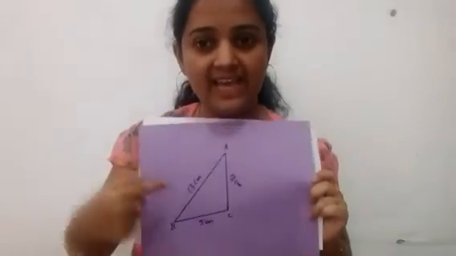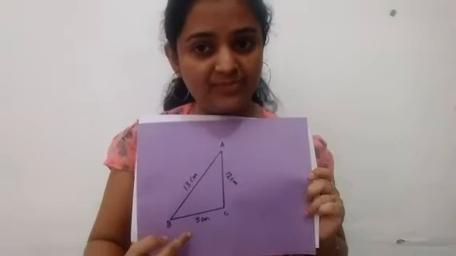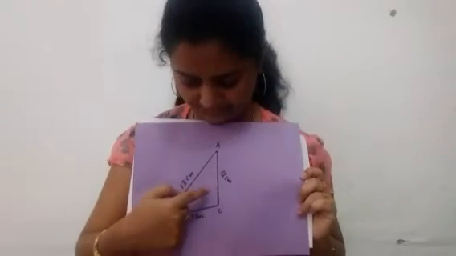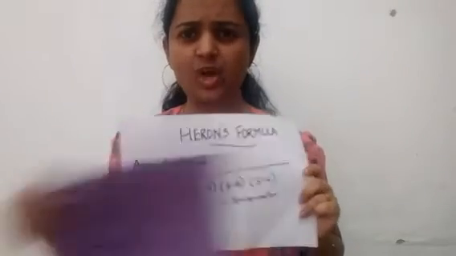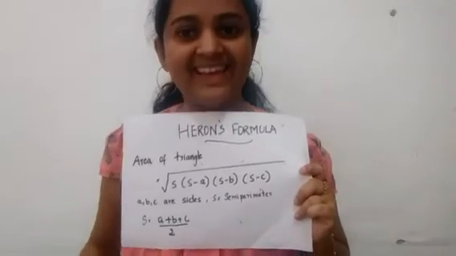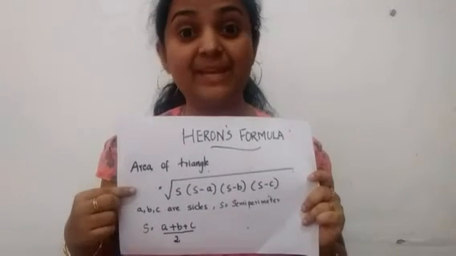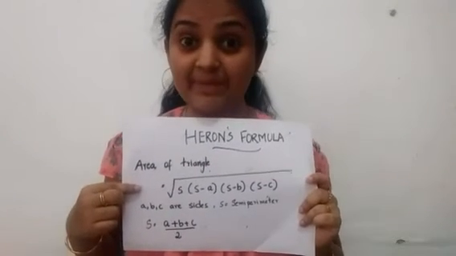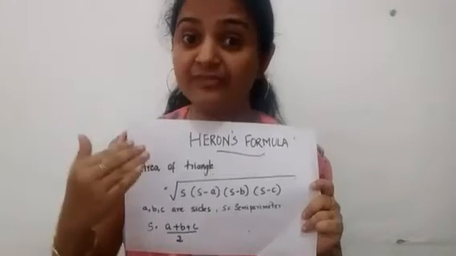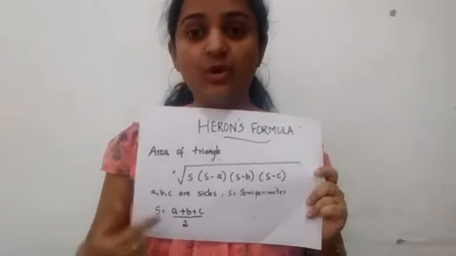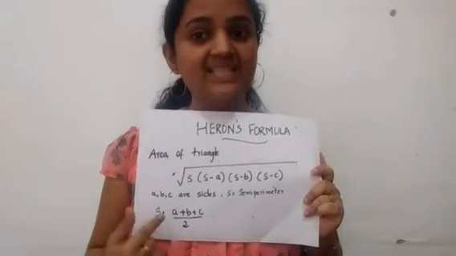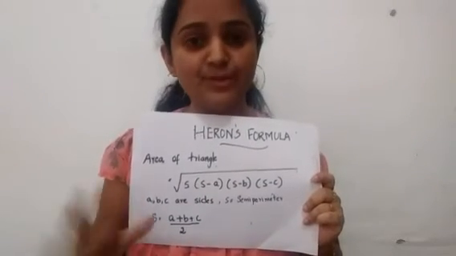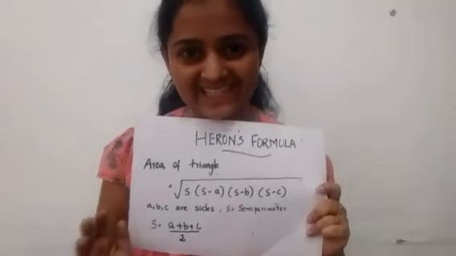That is, here a is 13, b is 5 and c is 12. Then what is s? s is the semi-perimeter of the triangle. Semi-perimeter means half the perimeter. So the equation for finding the semi-perimeter is a plus b plus c by 2. Then we will obtain s.